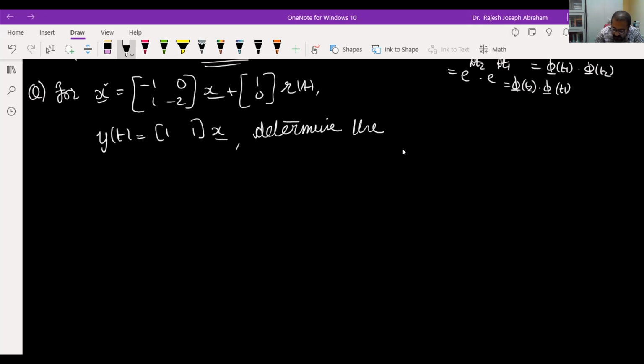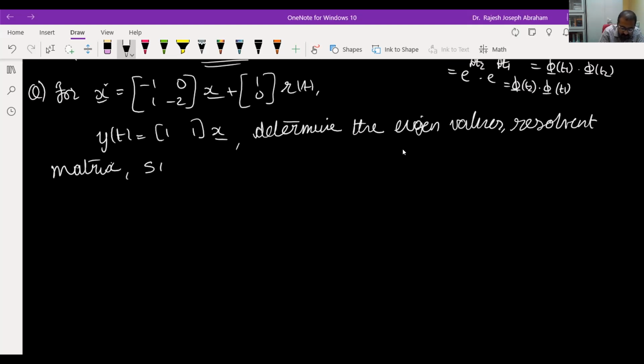Determine the eigenvalues, then the resolvent matrix, state transition matrix and transfer function.